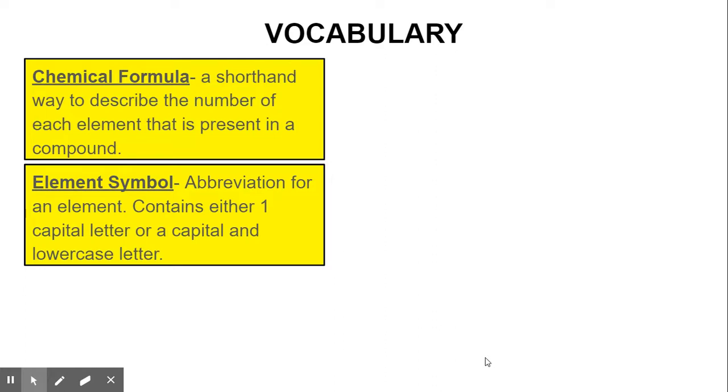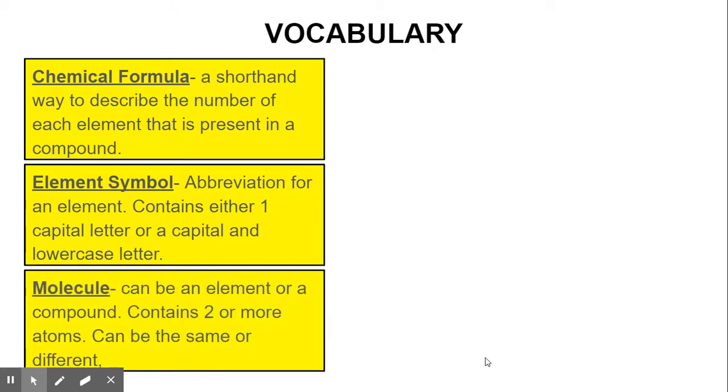It contains either one capital letter or a capital and a lowercase letter. And how we write these is extremely important. You need to make sure that when you're writing these formulas, you're writing the element symbol exactly the way it says on the periodic table.